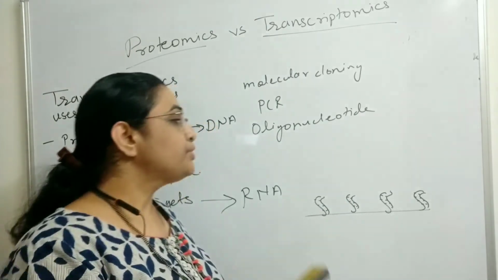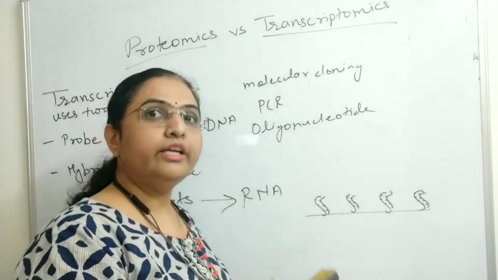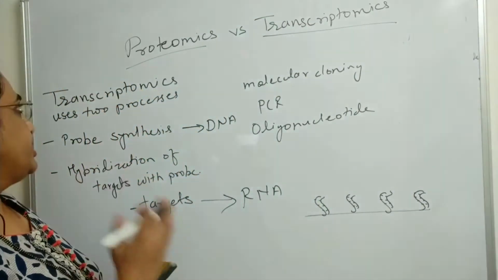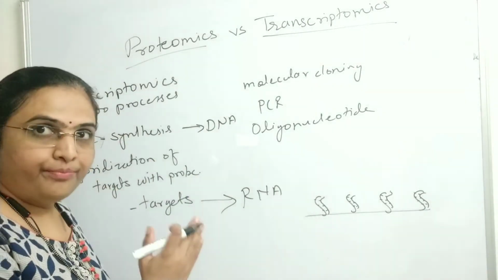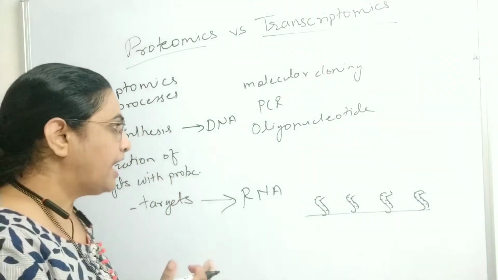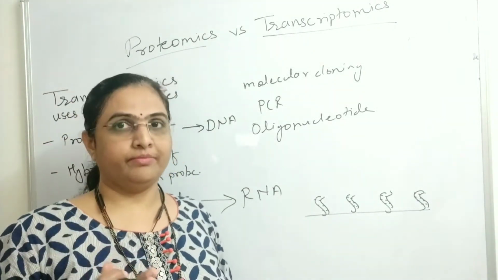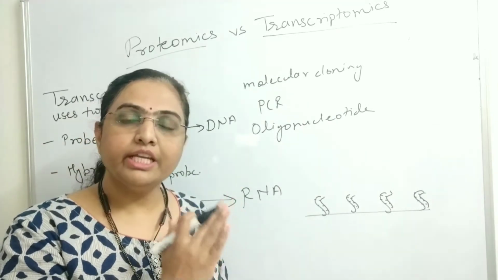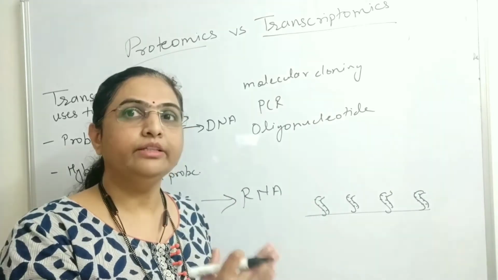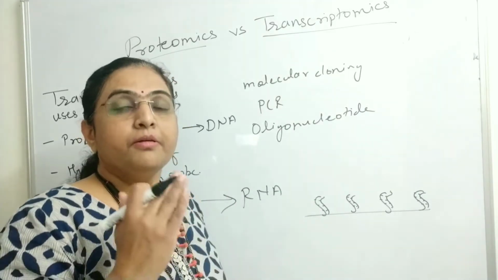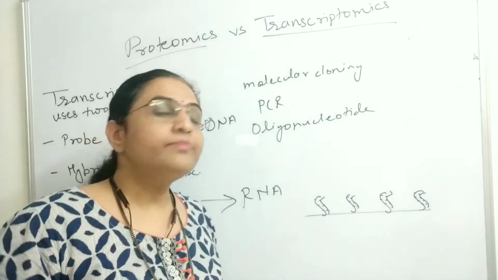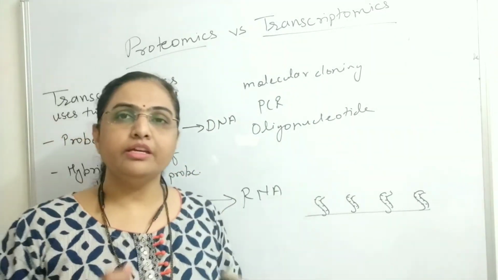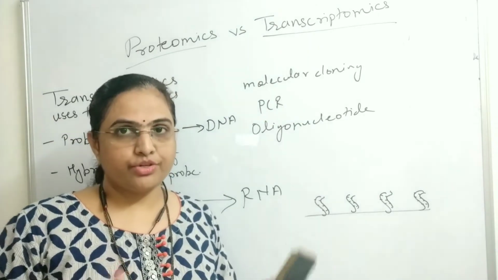The bond formed between the target and the probe is a hydrogen bond, because the nature of the probe is DNA and the nature of the target is cDNA. So the interaction is between DNA and DNA, and in DNA the only bond preferably formed is a hydrogen bond. So it is easy to maintain the reaction conditions.